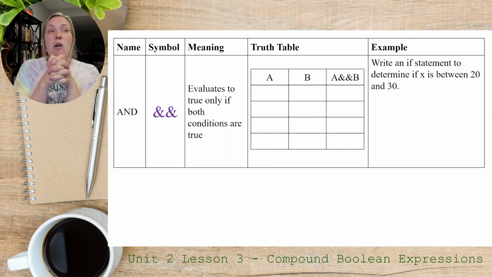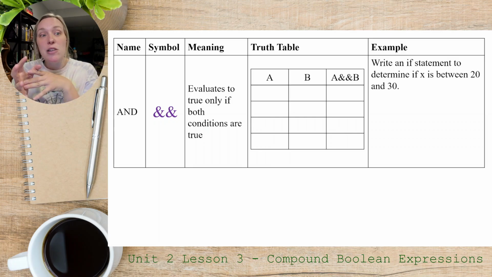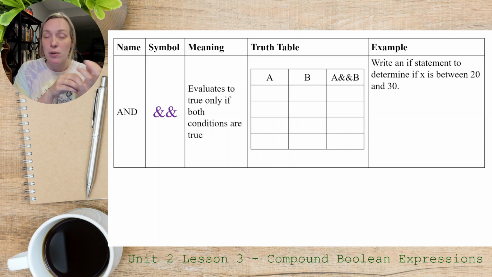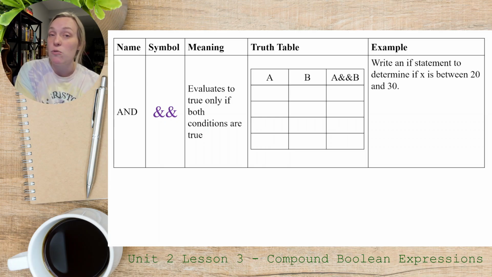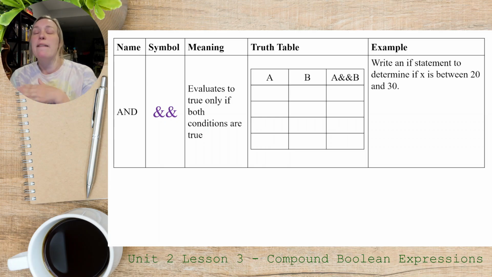Now, a lot of the time to evaluate a Boolean operator, we use what's called a truth table. A truth table is just a tool we use to evaluate these, a way to organize our true and false values, and it allows us to evaluate our expression.